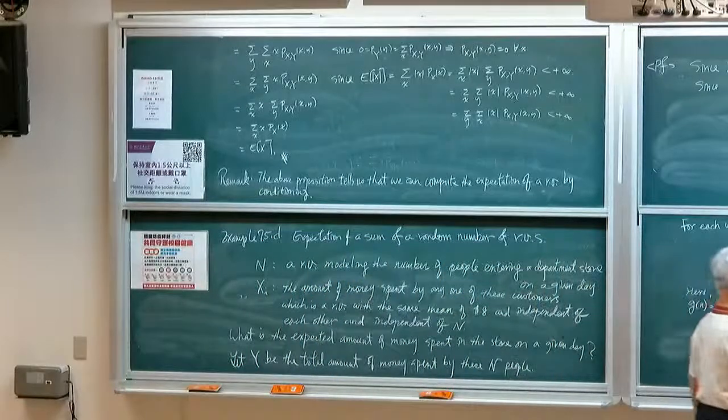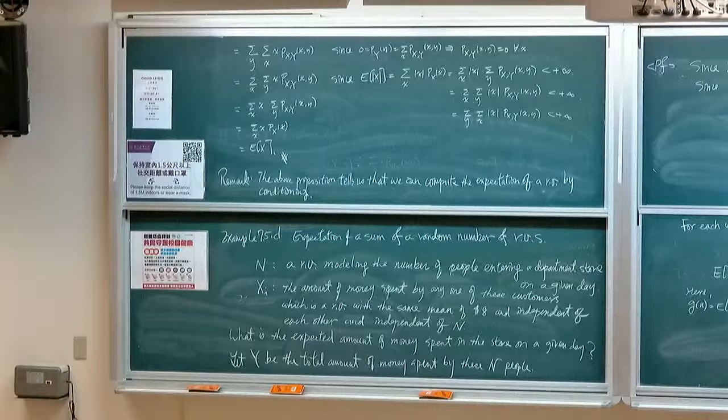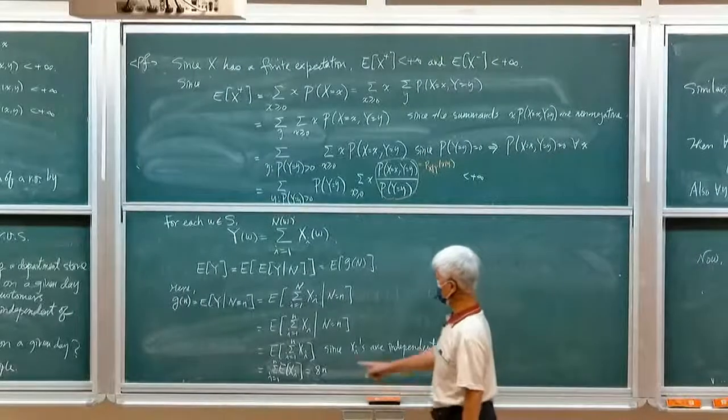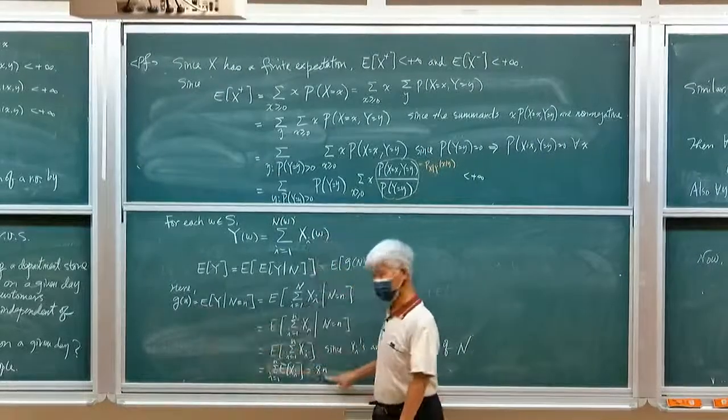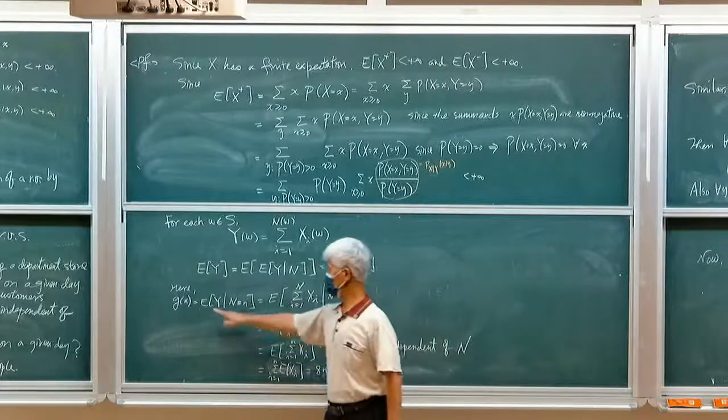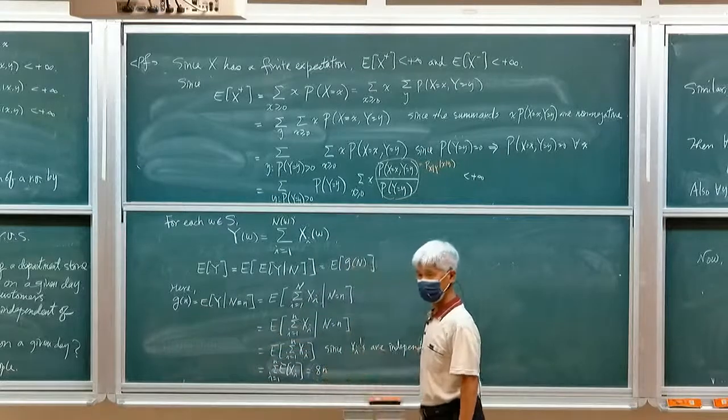Okay, so it's 8 times n dollars here. And so you can see this is a function of little n, right? 8n, a function of n.